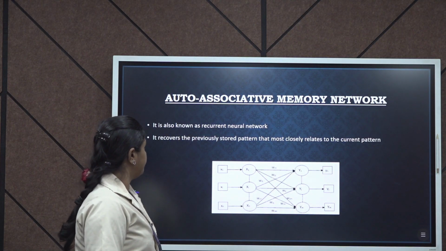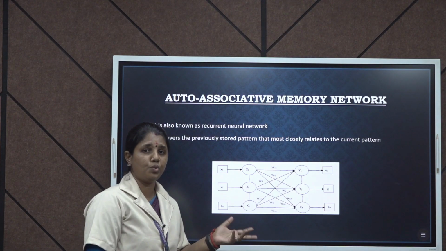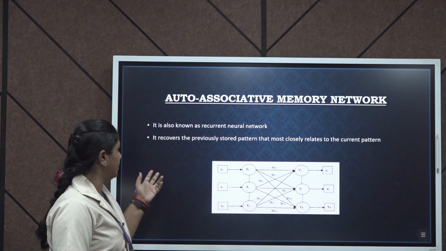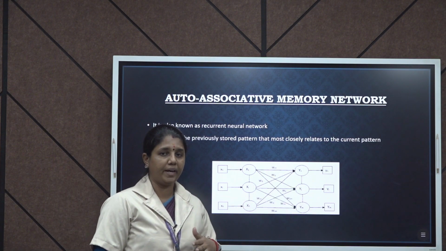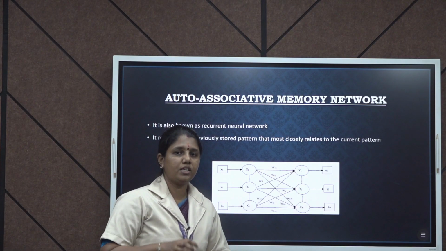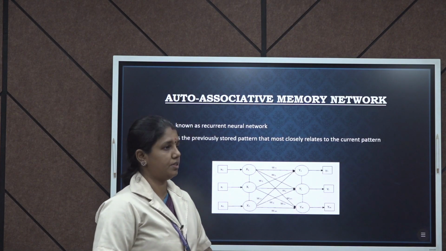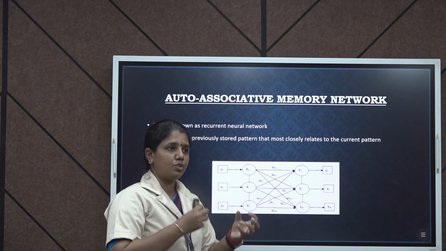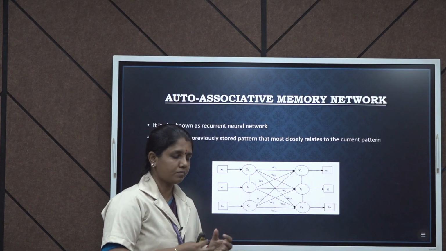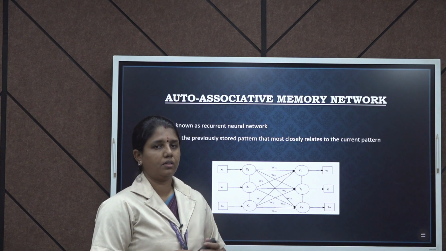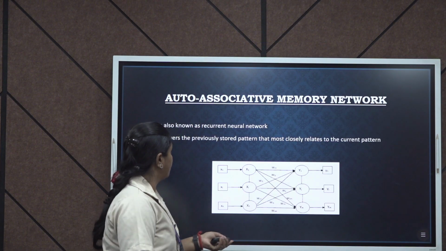Auto associative is also known as a recurrent neural network. A recurrent neural network recovers the stored pattern which is closely related to the current pattern. It recovers the data that we need from what has already been stored.